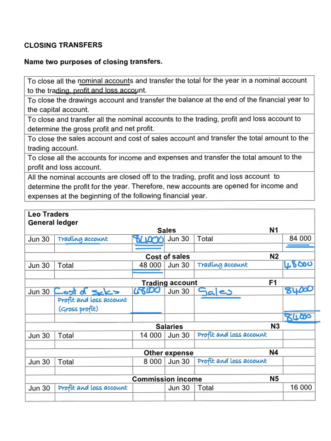Then the total on the debit side must also be 84,000, and we will work out the balancing figure by subtracting the debit side from the credit side, and that will give us a total of 36,000. And that 36,000 will be transferred to the profit and loss account.